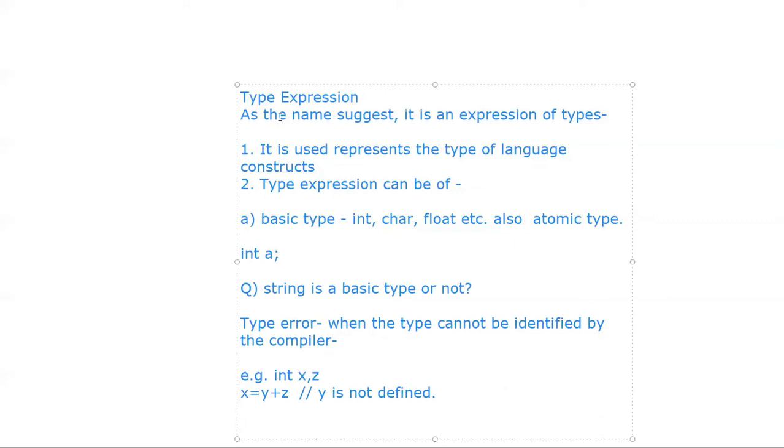Now the second thing which comes under the category of type expression is type name. What is it? A type can be defined with some other name.